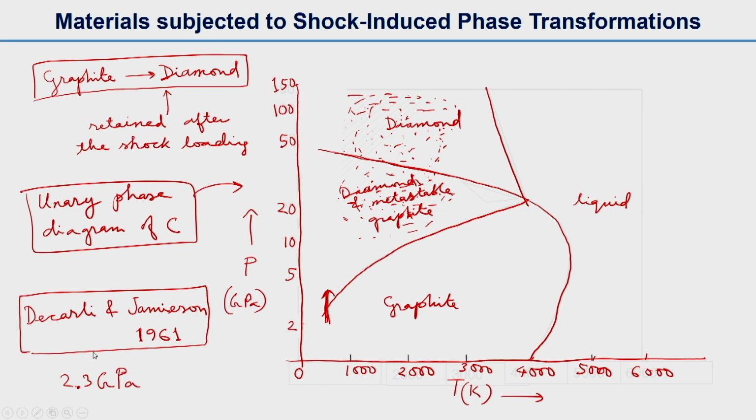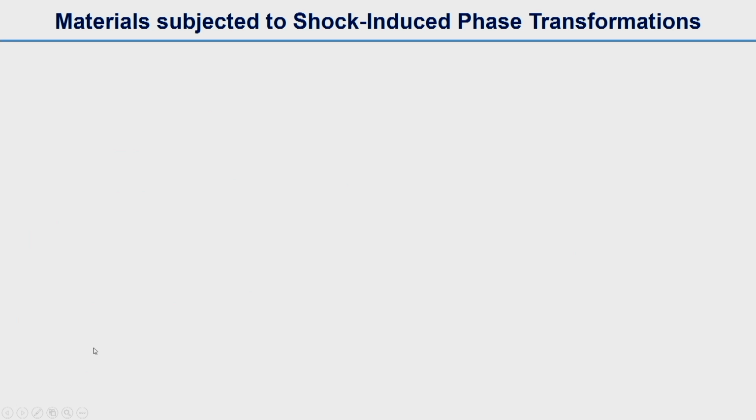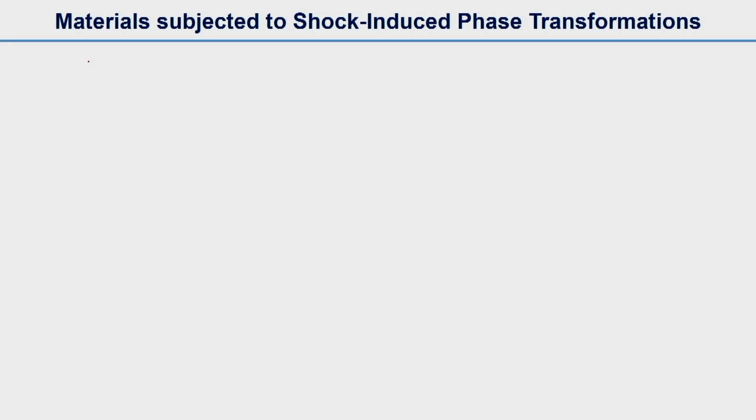This phase transformation results in very small grains, and the particles are also small and polycrystalline. Even one grain has a small size due to the limited time available for growth.